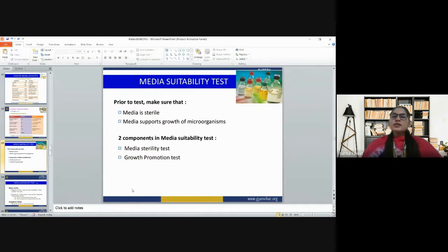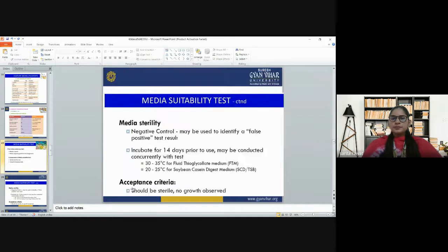Now, media suitability testing: how do we test the suitability of media? Prior to the test, make sure that the media is sterilized and supports the growth of microorganisms. There are two components: media sterility test and growth promotion test.